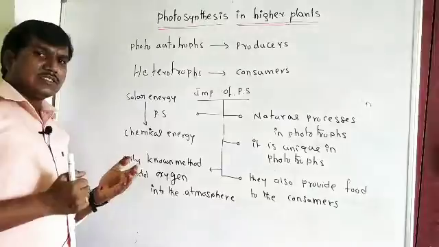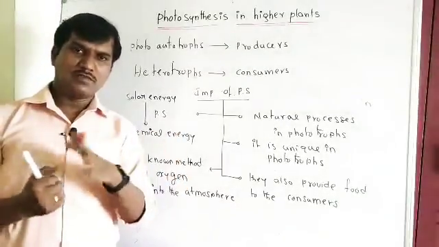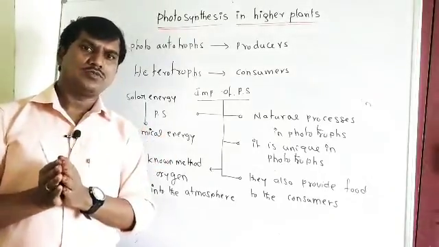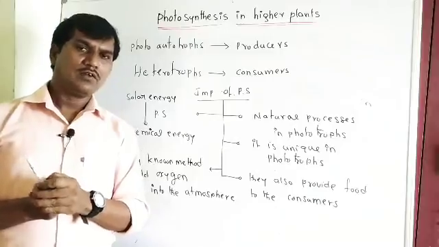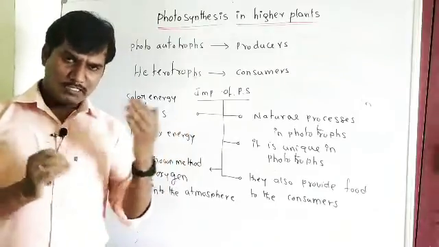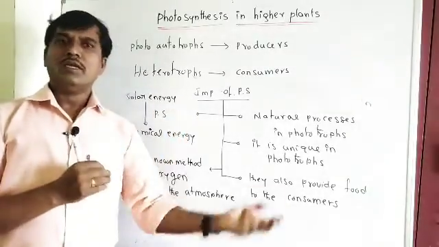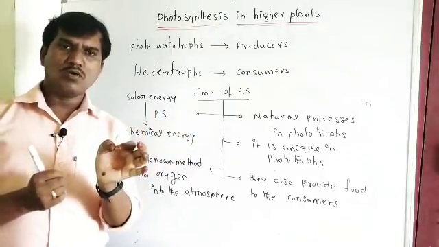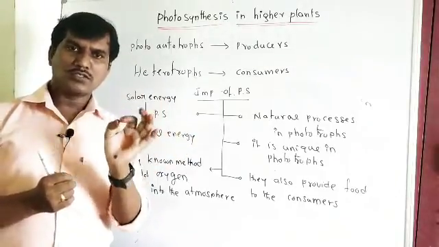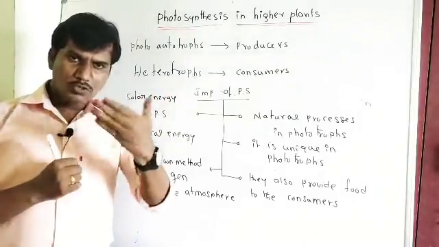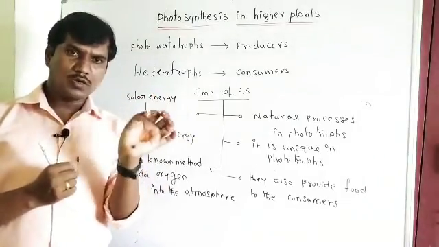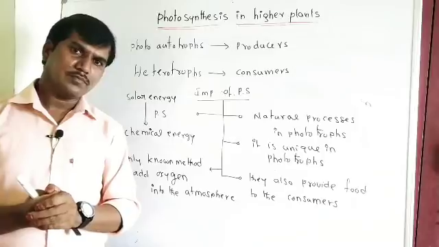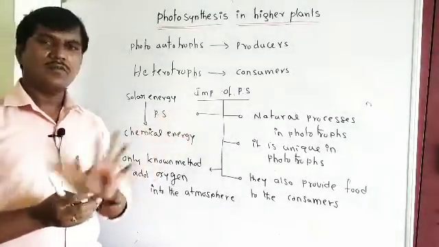You know very well, oxygen is essential for the respiration of organisms, breakdown of food molecules, burning of organic compounds or burning of wood material. For this whole process oxygen is essential, and this oxygen is derived from the photosynthesis process. Oxygen is also essential for formation of the ozone layer in the stratosphere. You know very well, in the stratosphere, the ozone layer protects the earth from harmful radiation. So that is the importance of photosynthesis.